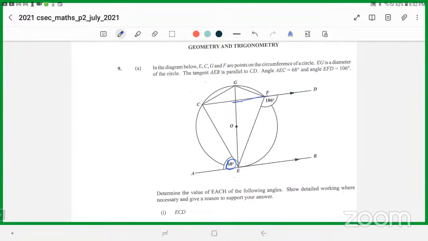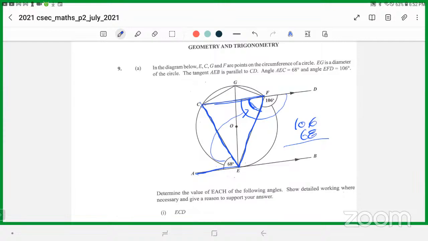Because the total angle on this straight line, this angle right here, has to be equal to this angle over here. Why? Because remember, the angle between a tangent and a chord is equal to the angle subtended by the chord. So this angle equals that angle. And then the total angle on this straight line must be 180. But 106 and 68 don't add to 180.